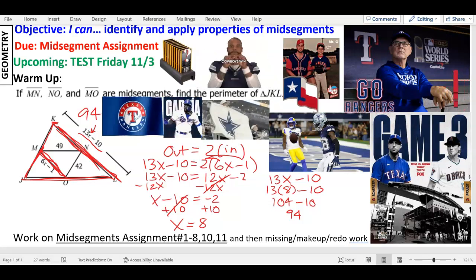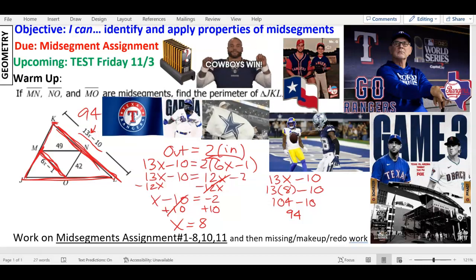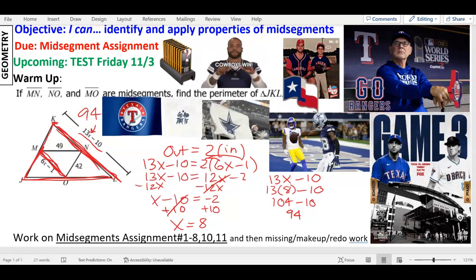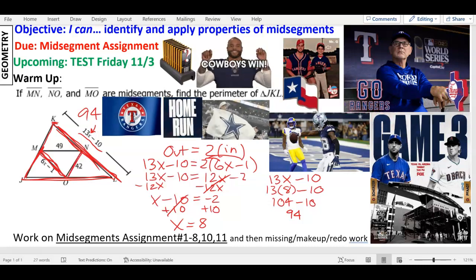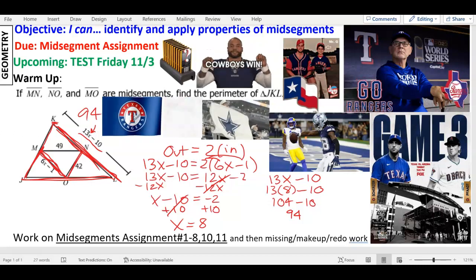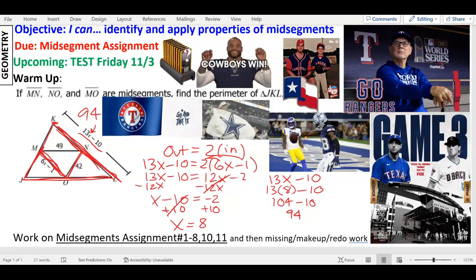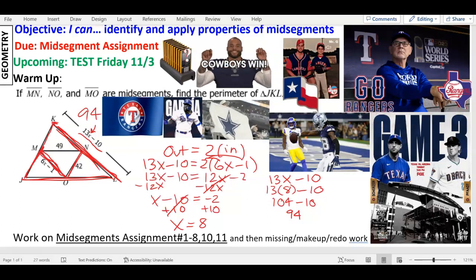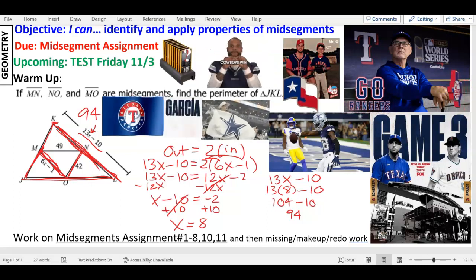Look, KJ is missing, but it's parallel to this mid-segment with 42. Didn't we just say that the midsegment is half of the parallel side? So what do I do with 42 to get the parallel longer side? Not 94.